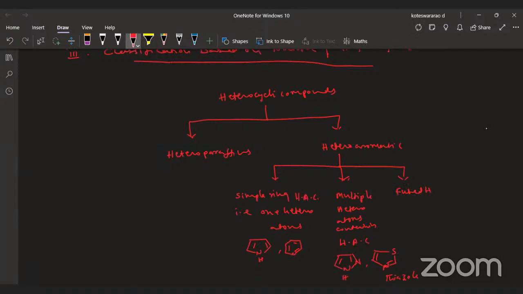Fused heteroaromatic cyclic systems, we have already seen that: indole, benzofuran, benzothiophene, quinoline, isoquinoline.